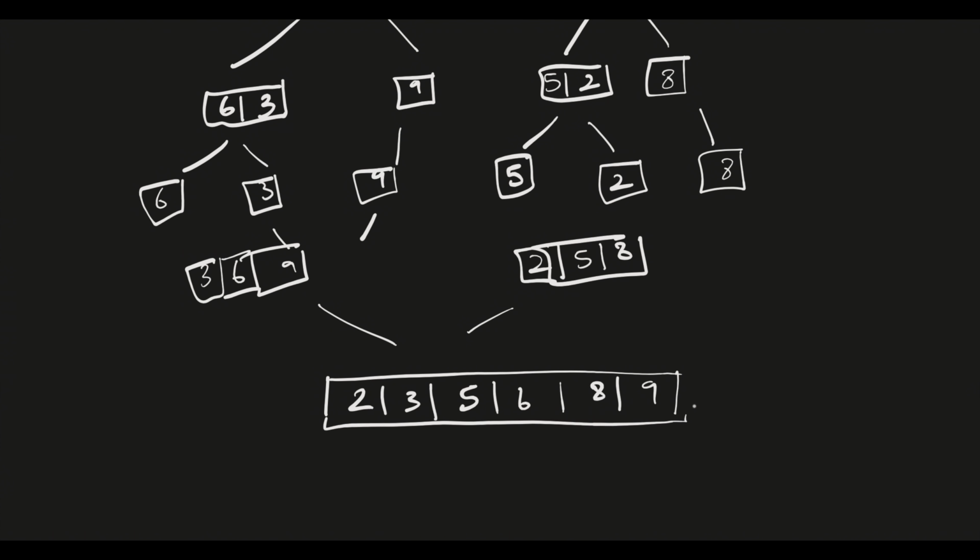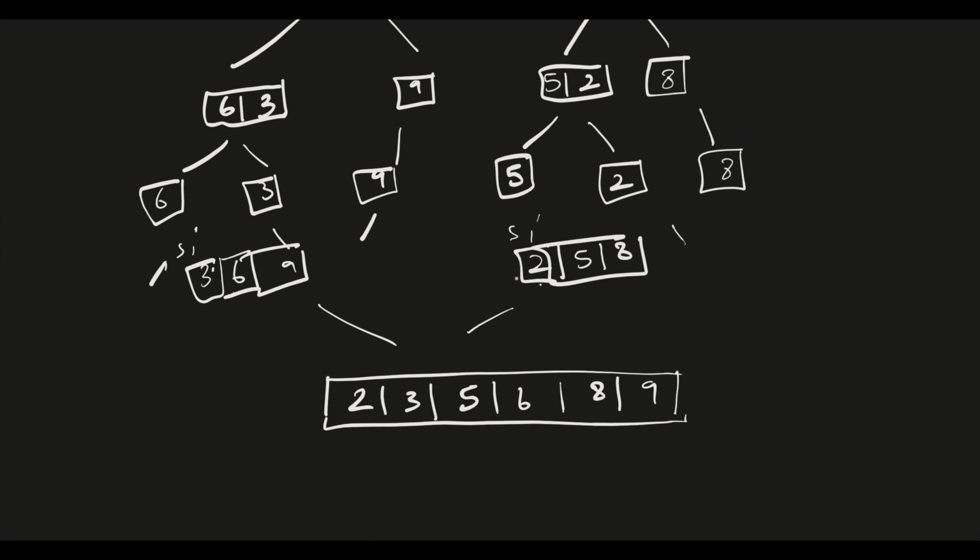But what exactly we do in conquer is we compare the two halves of the array. The first half I have is 3, 6 and 9, and the second half is this half. I compare this element with this element and see if my 3 is smaller than 2.